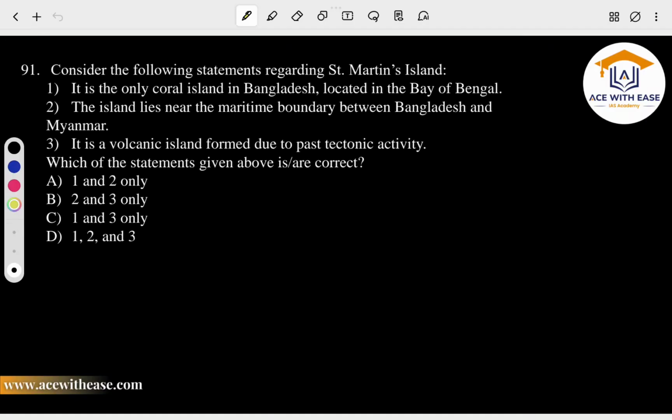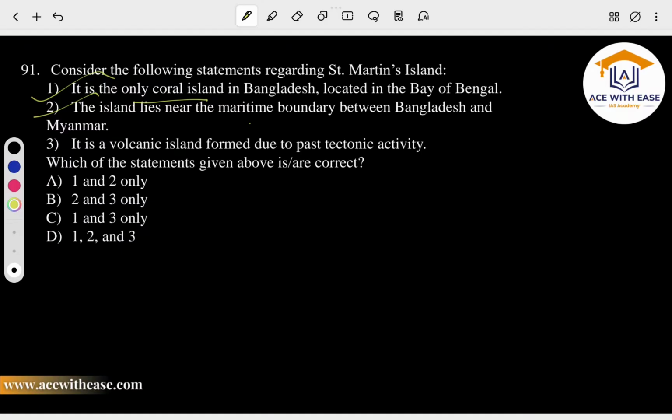91. Which of the following statements regarding Saint Martin Island are correct? The first one, it is a coral island in Bangladesh located in the Bay of Bengal. Yes, this is correct. The island lies near the maritime boundary between Bangladesh and Myanmar. Yes, in the northeastern part of the Bay of Bengal we find this island.